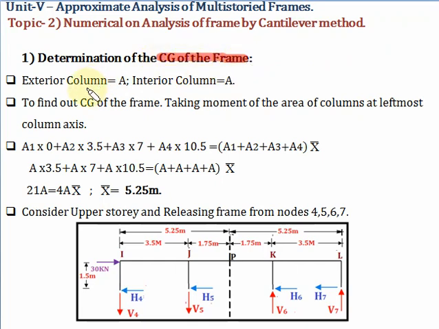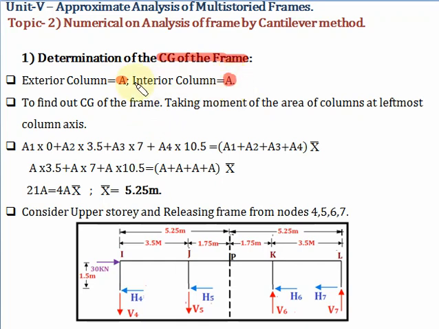Here in this numerical they have not given the area of the column. If the area of the column is not given, then you have to consider the area of the exterior column the same for the interior column also.